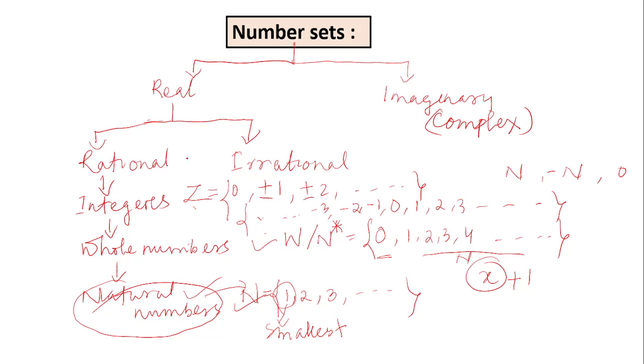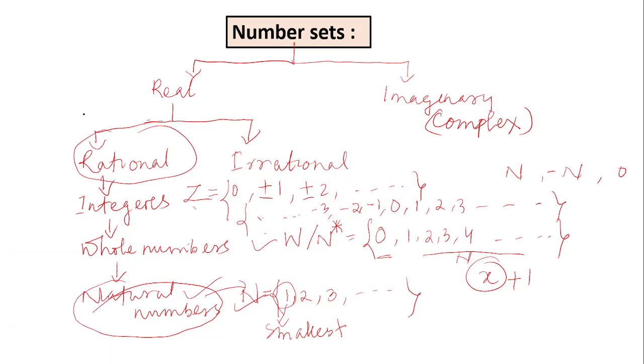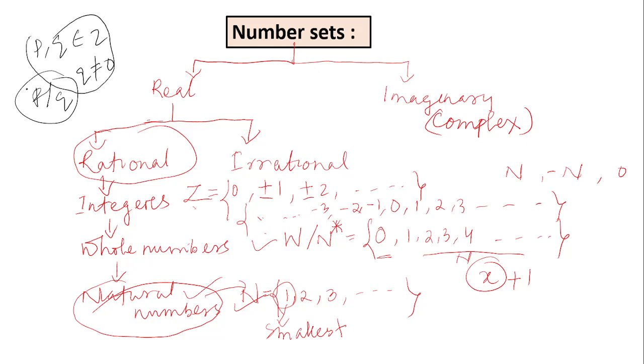Next, move on to the rational numbers. What are the rational numbers? The numbers which can be represented in the form p by q. If a number can be represented in the form p by q, there is a condition that p and q must belong to Z, and q cannot be 0. So this is the essential condition for every number to be rational.